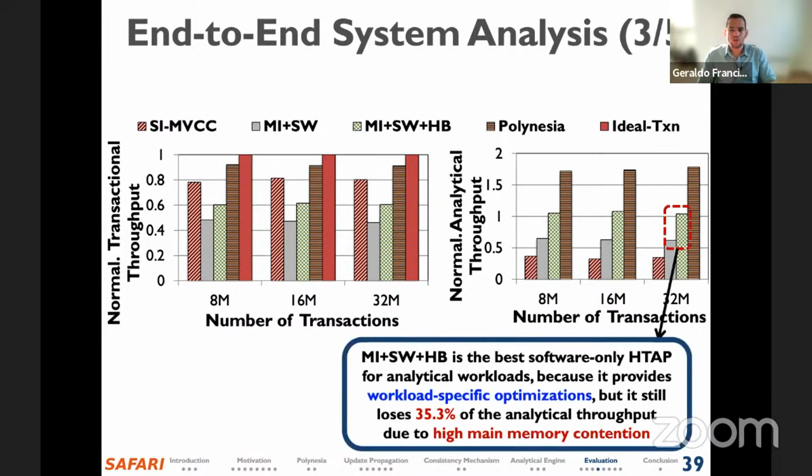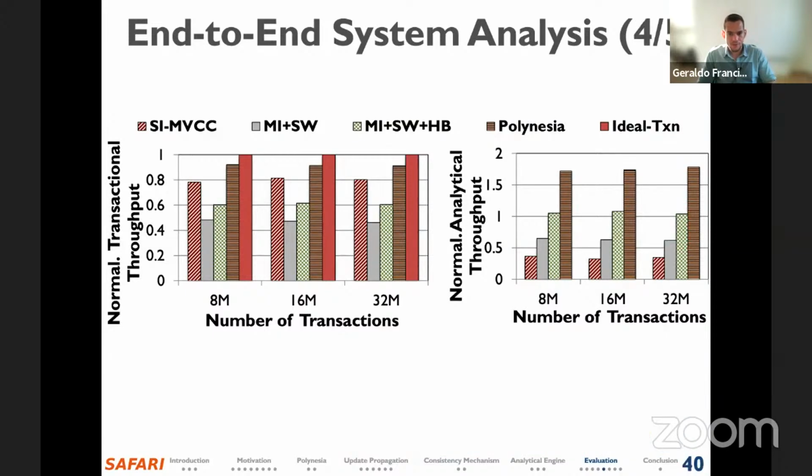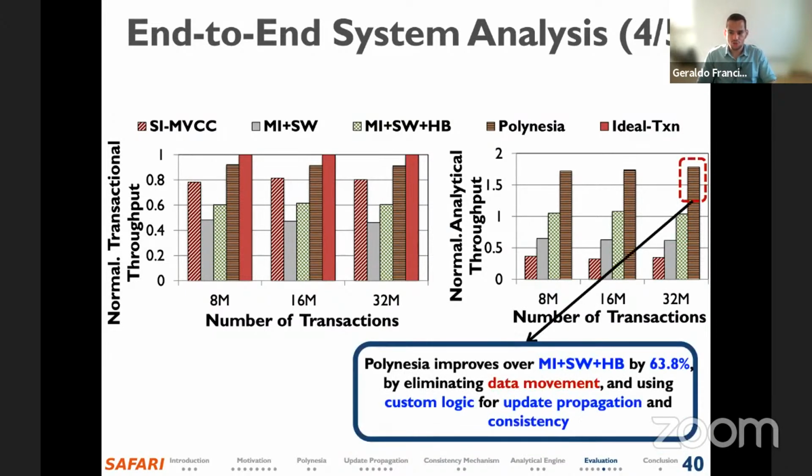Third, even though the multiple instance system with high bandwidth memory is the best software-only baseline, it still provides low analytical throughput compared to the ideal system due to high contention at the main memory. Polynesia improves analytical throughput compared to the multiple instance system with high memory bandwidth by 63.8%, which is due to a reduction in data movement supported by our custom hardware units.